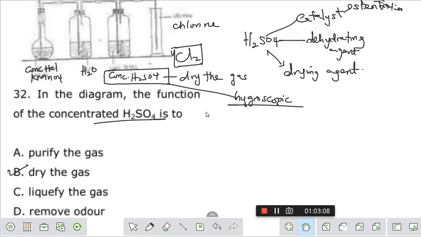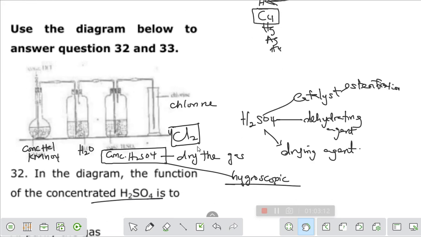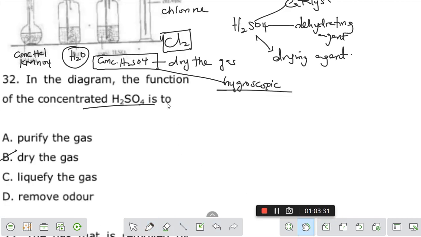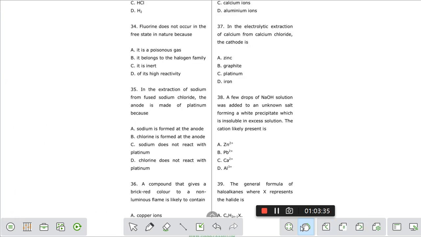Now they are asking for the function of this water. Which gas do we remove with this water? It will be the impurity produced during the preparation of chlorine gas.